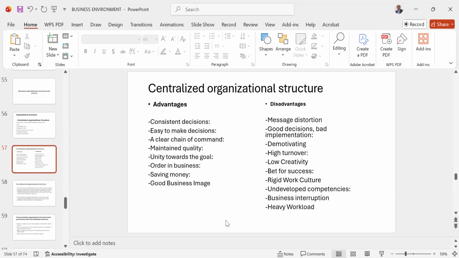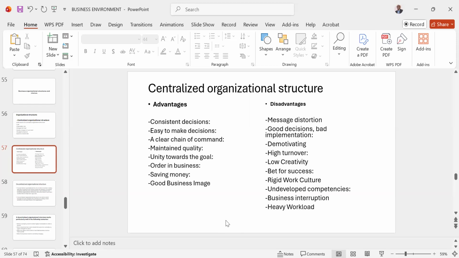And then they also maintain quality because at the central level, you have professionals, experienced people, and you also have the founders and the CEO at that top level. That's the reason why you find that they have quality decision making.